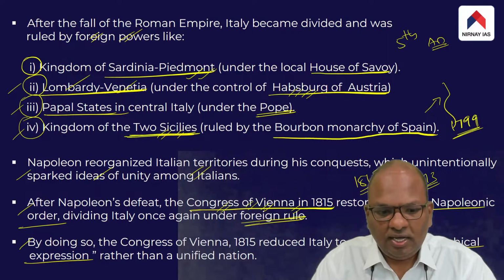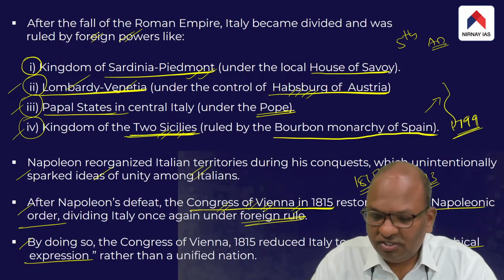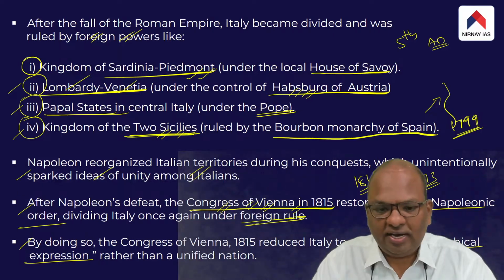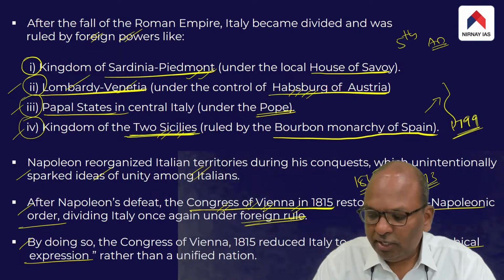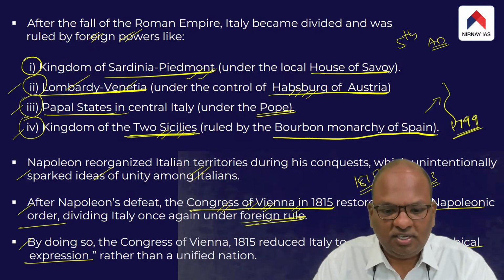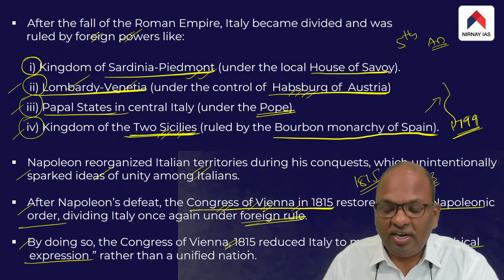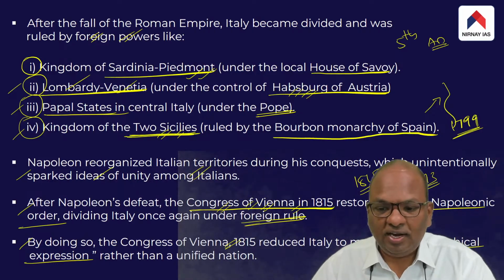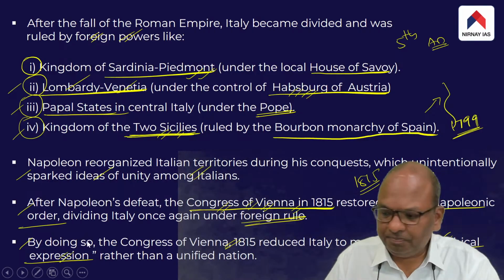In other words, it took a decision to revive the rule of the foreign dynasties in Italy. So, by doing so, the Congress of Vienna virtually reduced Italy to merely a geographical expression.